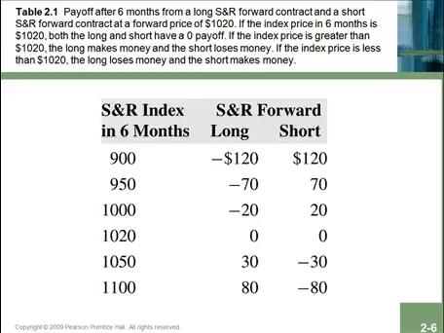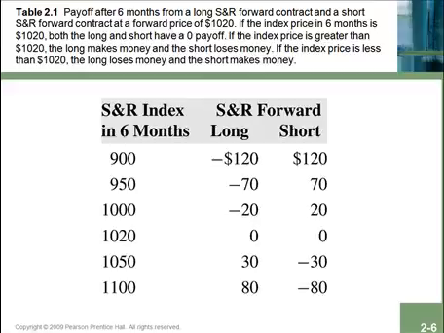The reason why is because they'd have to pay the forward price of $1,020, and in return they would receive a stock index that was only worth 900. That's a $120 loss. Their loss, however, would be a gain to the short position because they would receive the 1,020 and then only have to deliver a stock index that was worth 900. Again, a gain of $120.